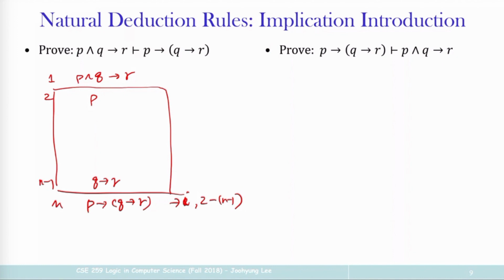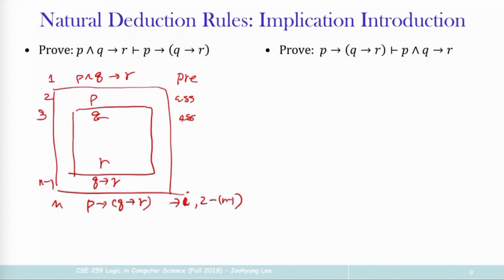So here we need to also have another box, and the first line of the box is Q, the last line is R, right? Once we have the Q and R box ready, then we can derive line n minus 1. So this is another assumption.